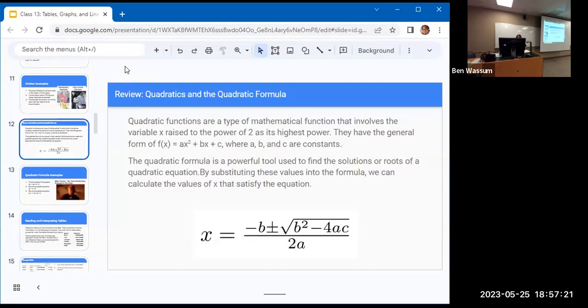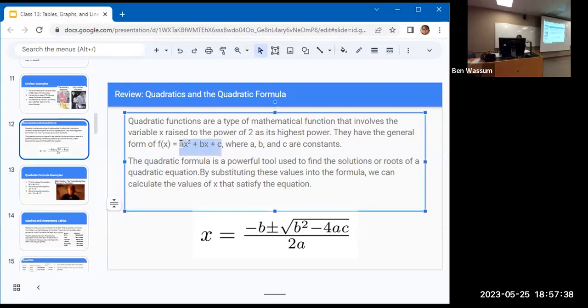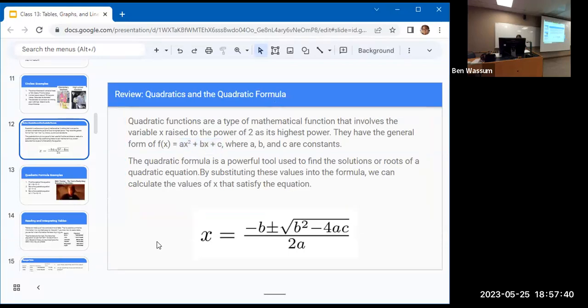So if you remember, quadratic functions are any type of function that has the variable x raised to a power of 2 as the highest power. So you generally have something where it's something x squared plus something x plus something else.